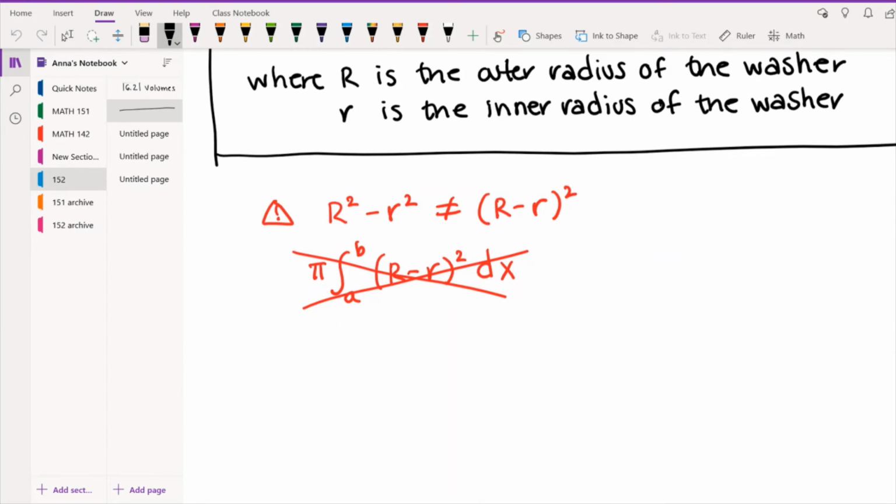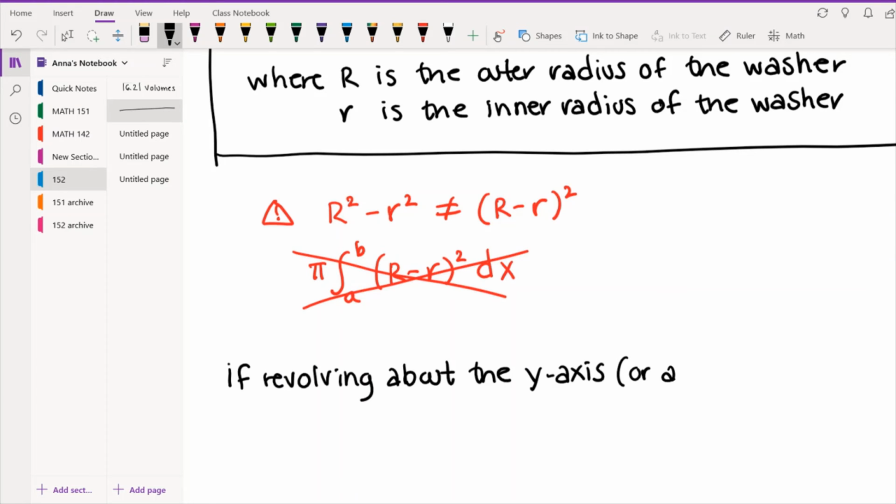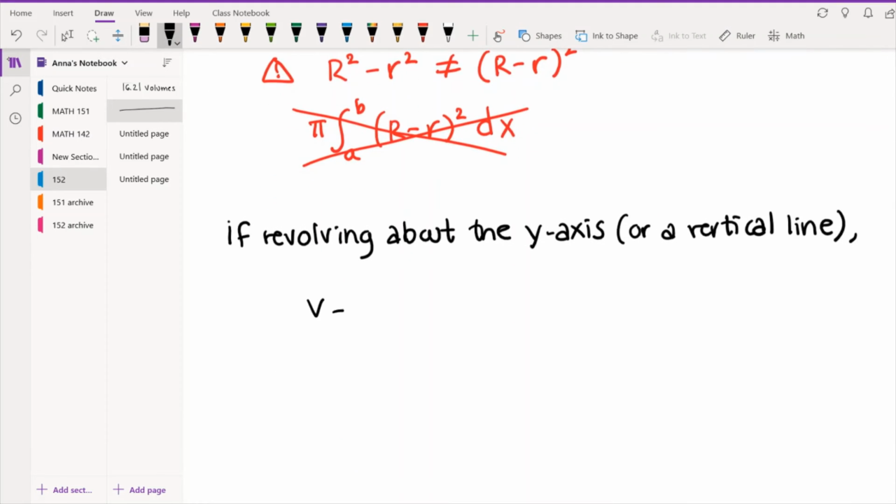But basically what I want to say is that if revolving about the y-axis or a vertical line, then we're going to have V is equal to pi times the integral from a to b of big R squared minus little r squared dy. So just kind of what you would expect.